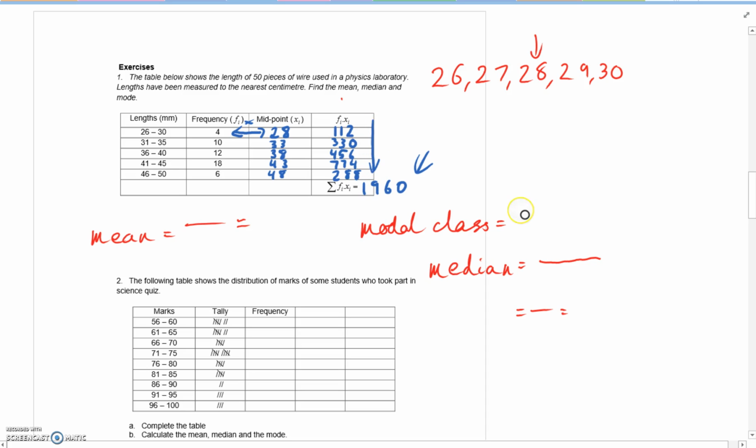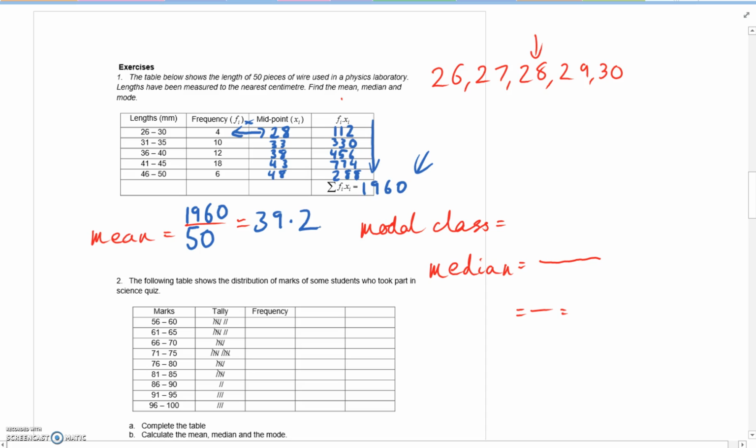So to find the mean, we would do our sum, 1960, divided by the total frequencies, which is 50. On our calculator, that gives us 39.2. So that's the mean length of wire.